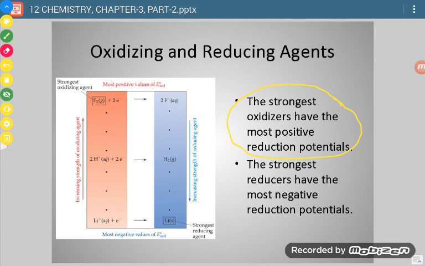In this table, fluorine has the maximum standard reduction potential, so it is the strongest oxidizing agent. Similarly, the reverse is the case for reducing agents. Lithium has the minimum standard reduction potential, so it acts as the strongest reducing agent. So this is what we can understand from the series.